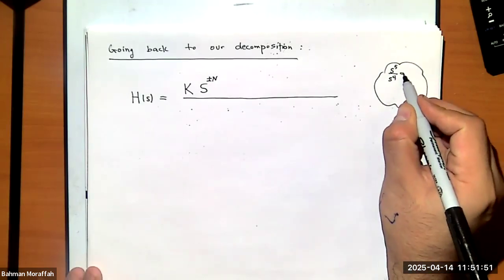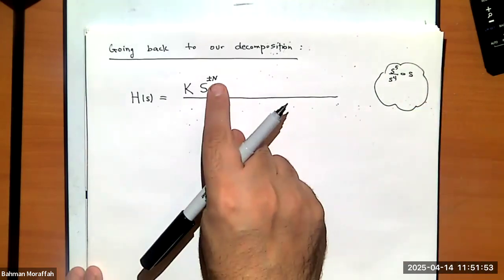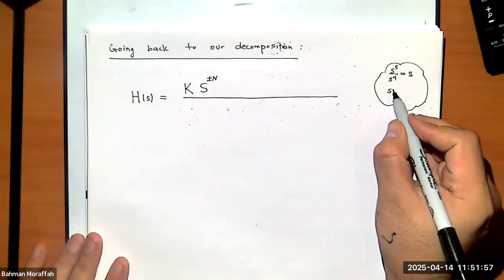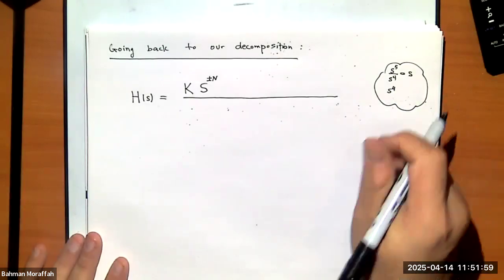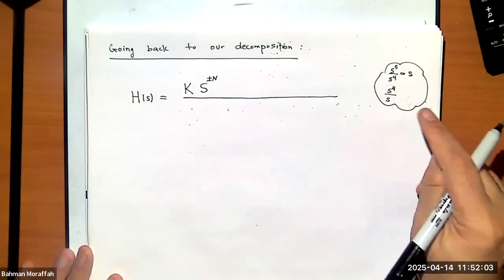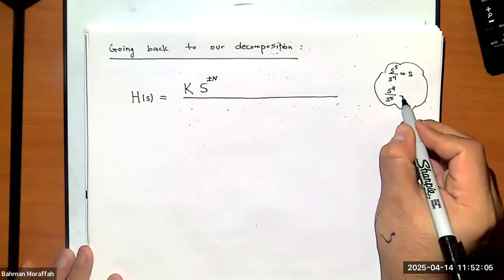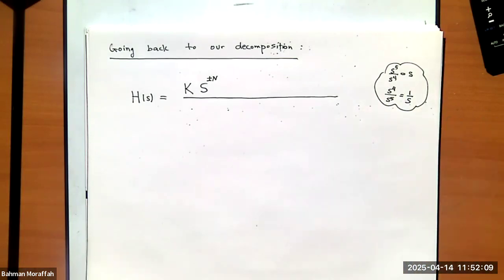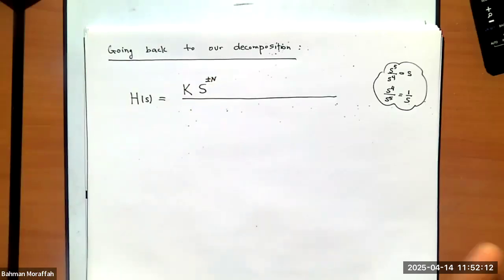So the whole thing is going to be plus, so this n over here is plus 1. If I have, for example, a pole of order 1 at 0, this is the same as 1 over s, which means this n over here is negative.